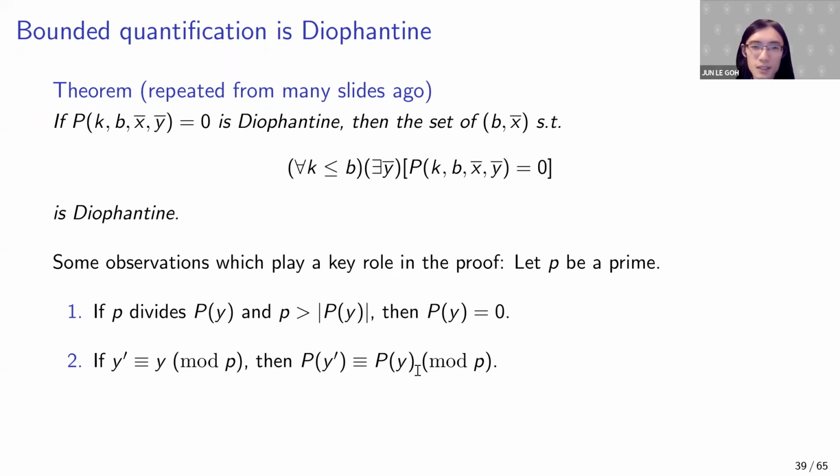This is just a basic property of polynomials and modular arithmetic. And so observation 1 combined with observation 2 allows us to shift from considering Y to considering some other Y prime, as long as it's congruent to Y mod P.